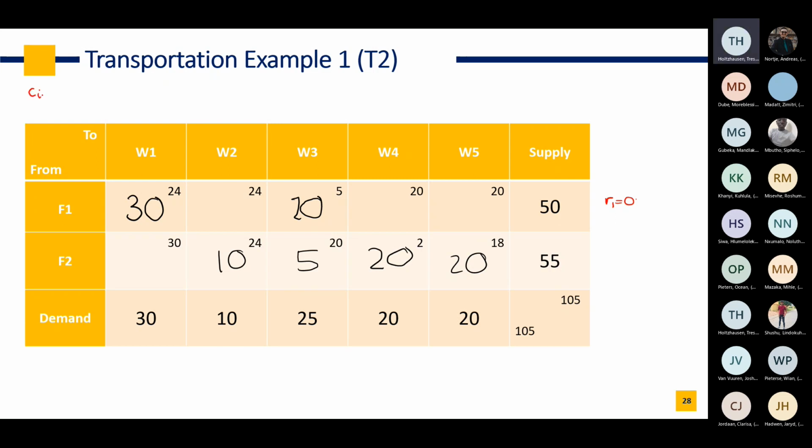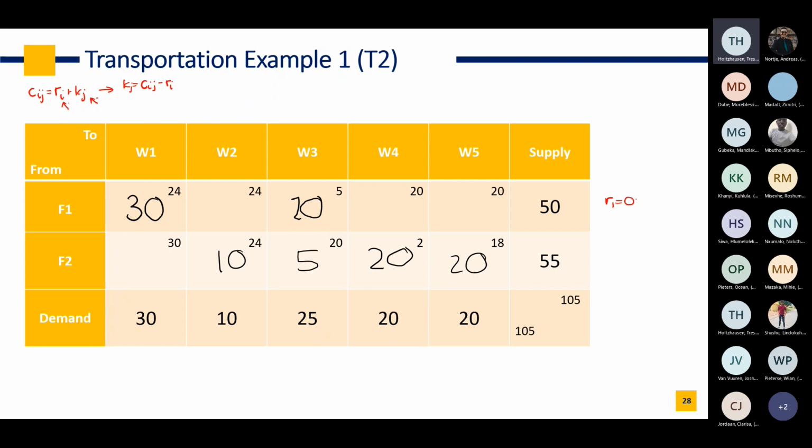We use the cost equal to Ri plus Kj, where j refers to your column and i refers to your rows. For K, you make it the subject of the formula: Kj is equal to Cij minus Ri.